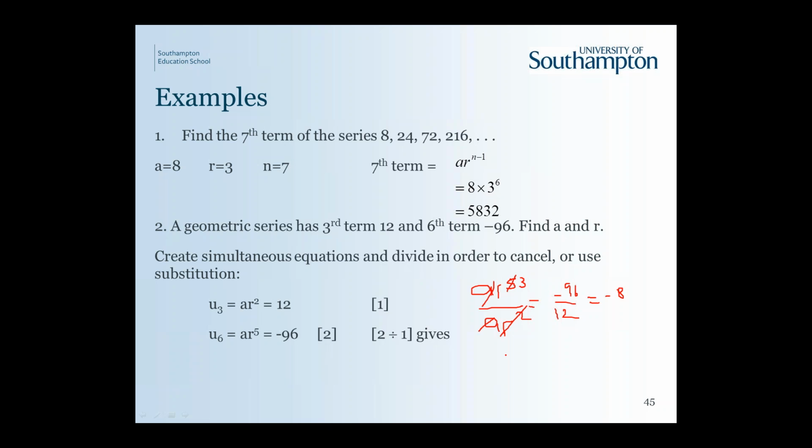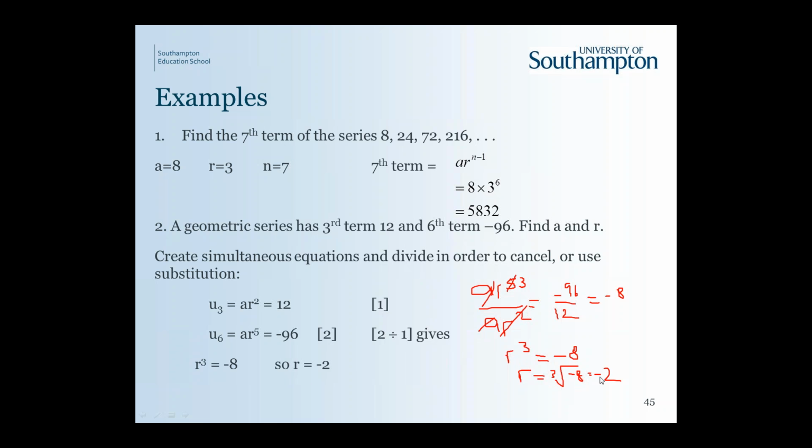So I've got R cubed is minus 8. So the cube root of minus 8 is minus 2. Often students get a bit confused here because they think, oh, I can't cube root a negative number, but there's only negative square roots. Of course you can with a cube root.